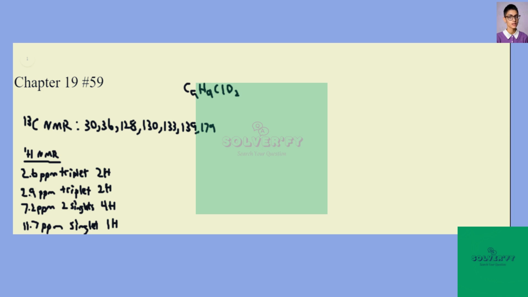And so, as always in this situation, I think that the place to start is to calculate the hydrogen deficiency index for this molecule. So HDI is going to be equal to 2 times the number of carbons, which is 9, plus 2, minus the number of hydrogens, which is 9, and then minus the number of halogens, which is 1.